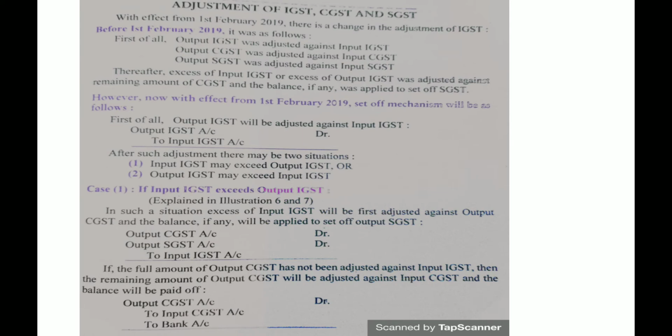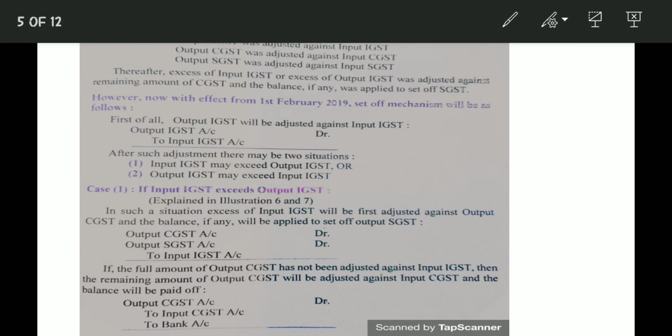now adjustment of IGST, CGST and SGST. Okay, so first of all we should understand what is IGST, what is SGST, what is CGST. As you know, different tax rates are imposed on goods and services.